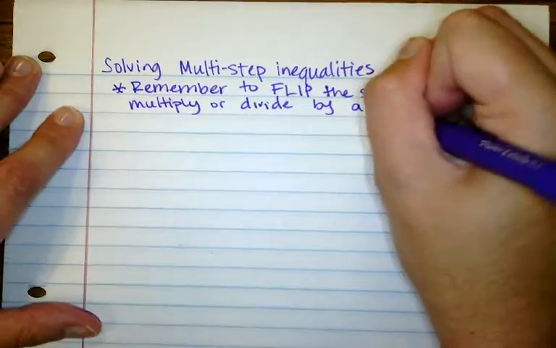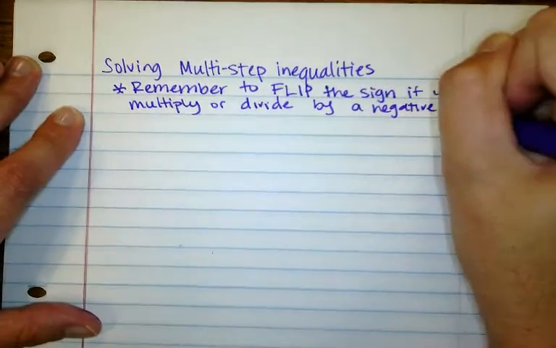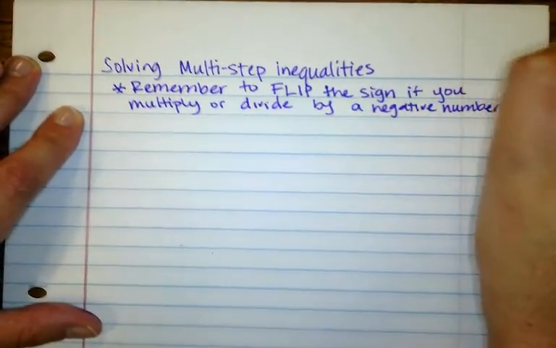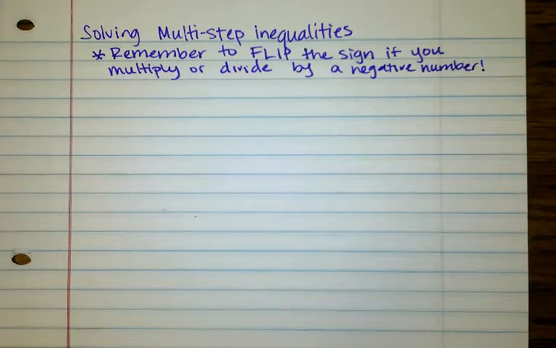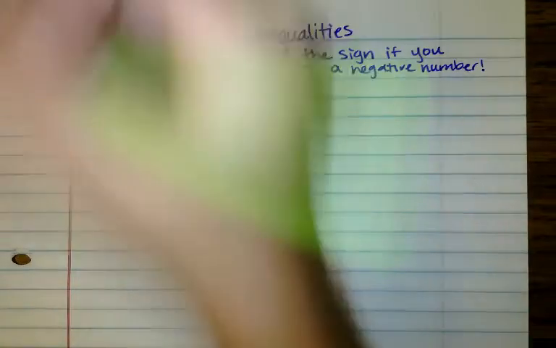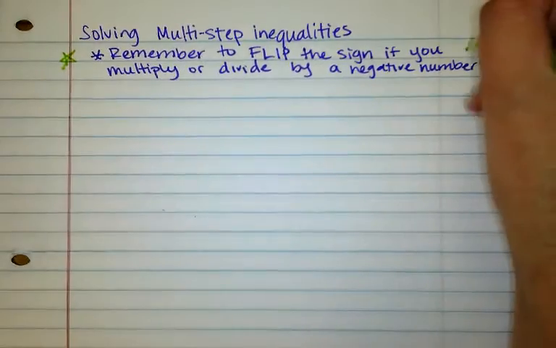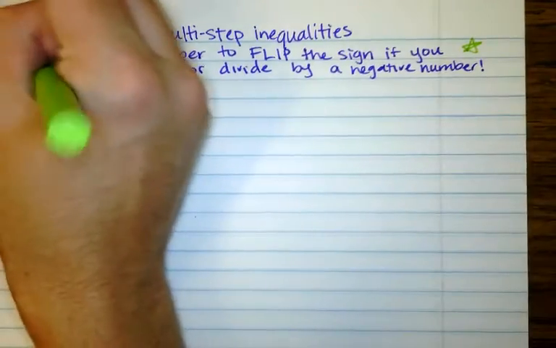Okay? So this is super, super important. When you're solving those multi-step inequalities, remember to flip that sign if you multiply or divide by a negative number. If you need to highlight that or draw an arrow to it or do a little star or something like that, make sure that you do that, okay?